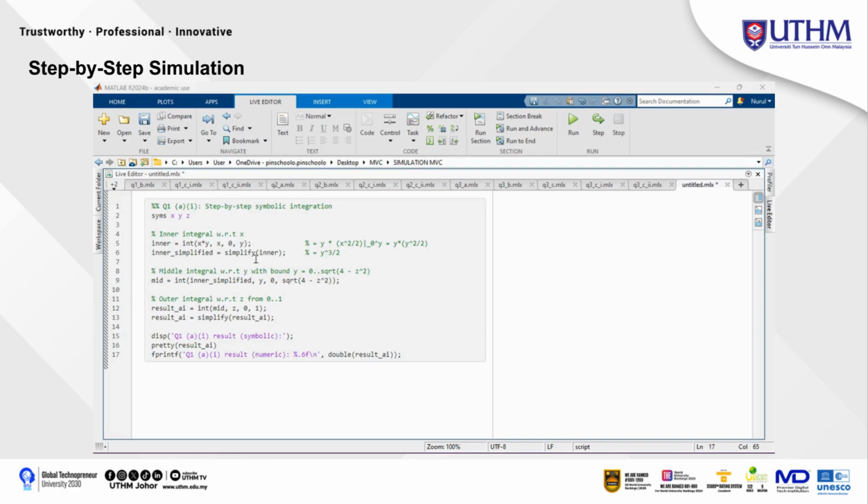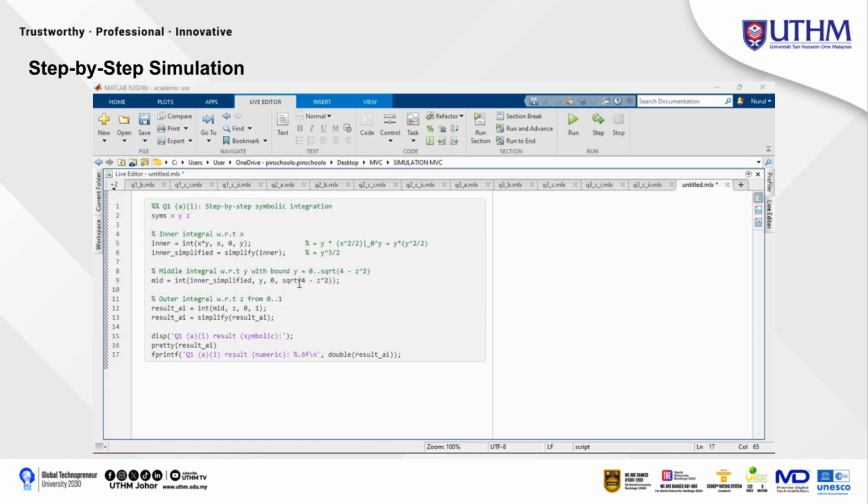So the next is the middle integral, which is the integral of the inner simplified result, integrating with respect to y. The bounds are from 0 to square root 4 minus z square.